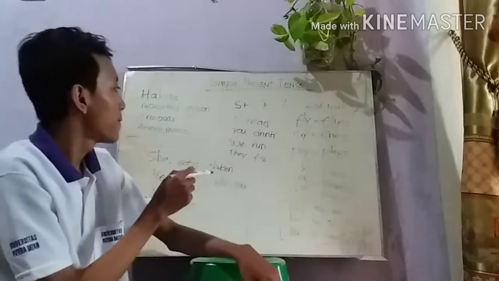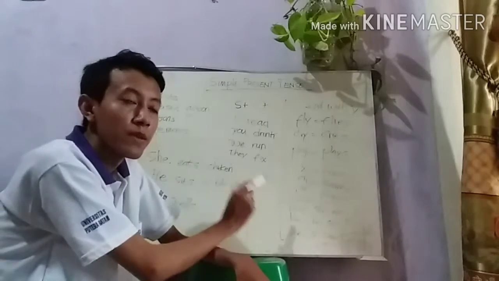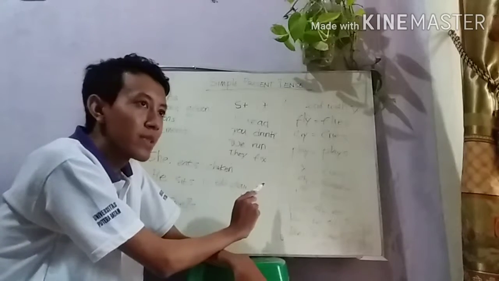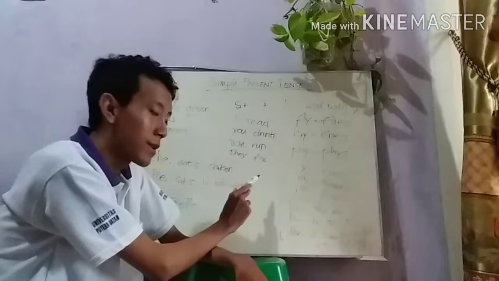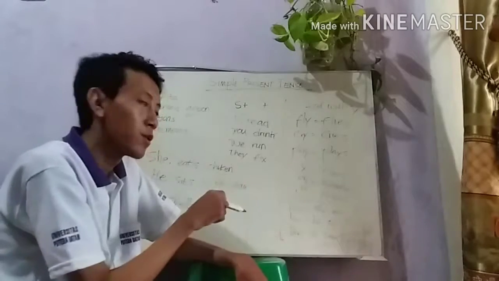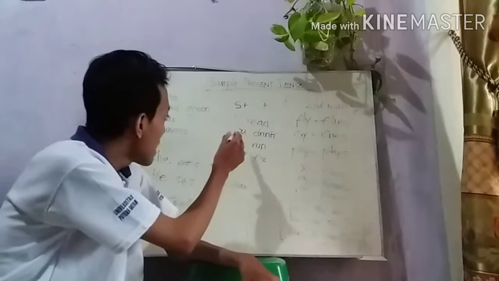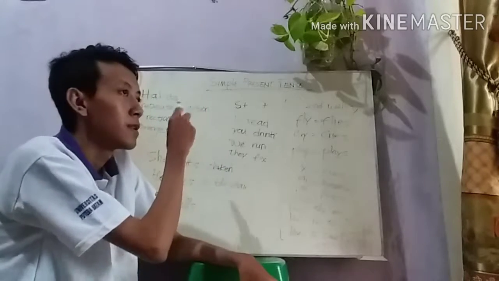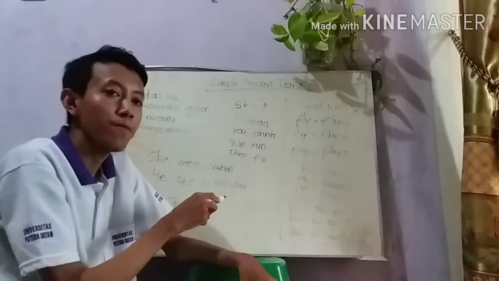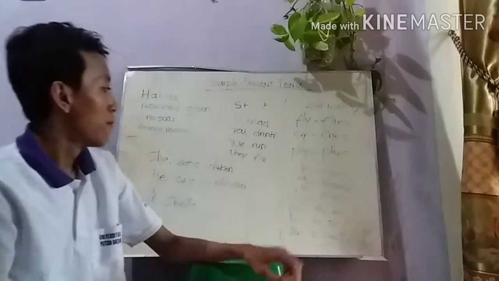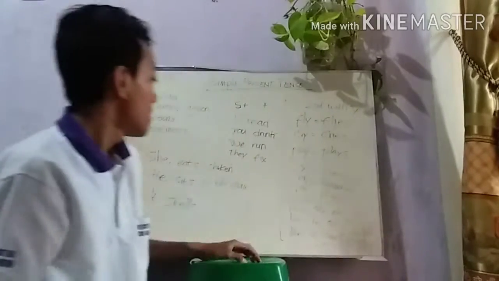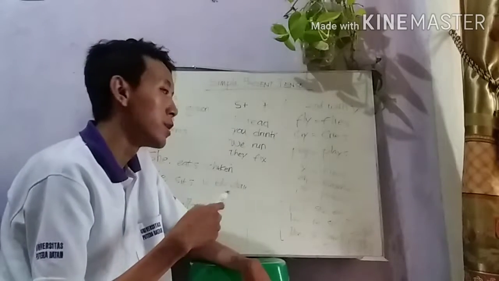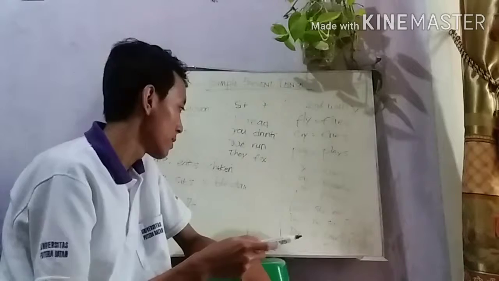And if the subject is they fix a car, the question is, do they fix a car? So if the subject is I, you, we, they, the auxiliary verb is do. But if the subject is the third person singular, we use does in the questions.